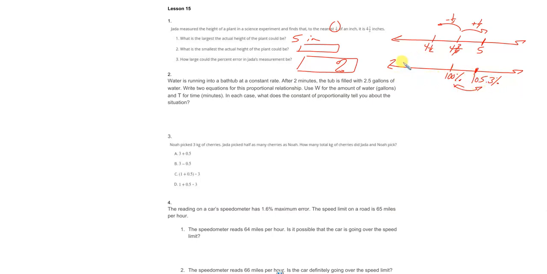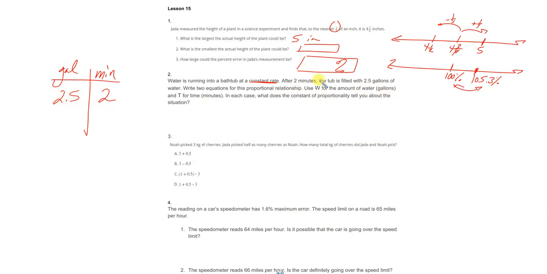Number 2 is a little bit of a throwback to some old problems dealing with tables and equation writing. Water is running into the bathtub at a constant rate. You get an idea, you're going to have a constant of proportionality. 2 minutes, so you know you've got minutes involved. You get 2 minutes. The tub is filled with 2 1/2 gallons of water. So over here you've got gallons. 2 minutes, 2 1/2 gallons.